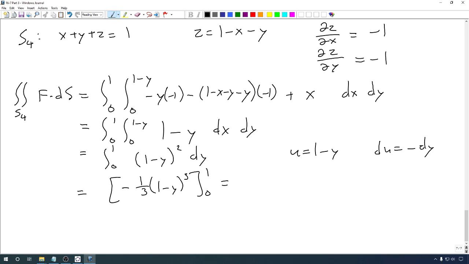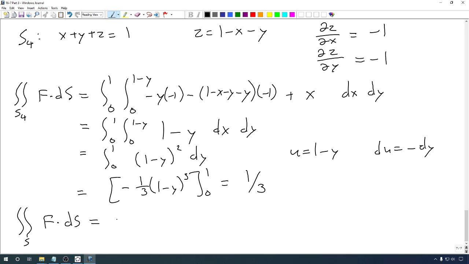Plugging in 1 gives us 0. Plugging in 0 actually gives us a 1/3 times 1, so a -1/3 that's being subtracted because this is the bottom limit. Ultimately, we get a 1/3. And therefore, the total integral, the integral over the entire tetrahedron of f dot dS, is going to be the sum of these.